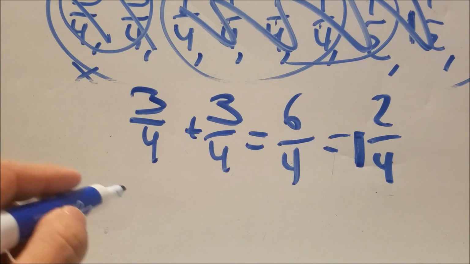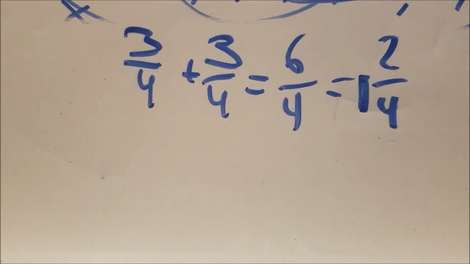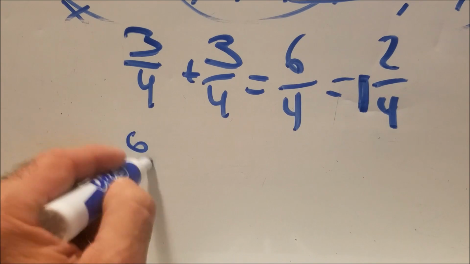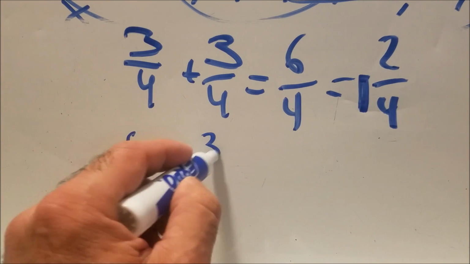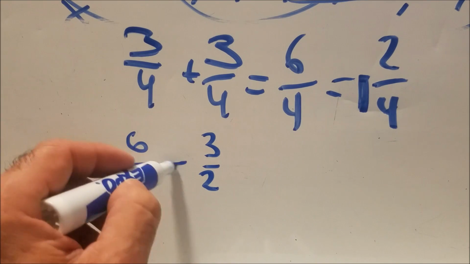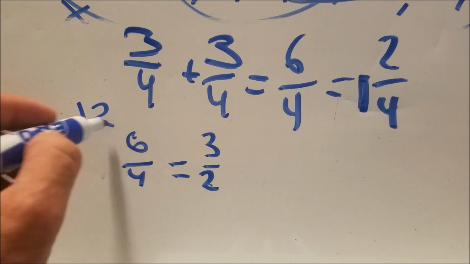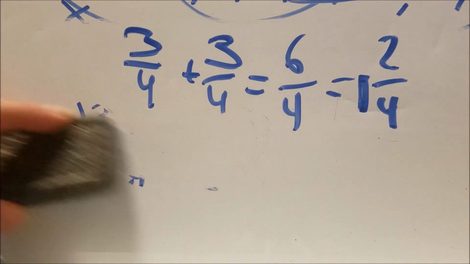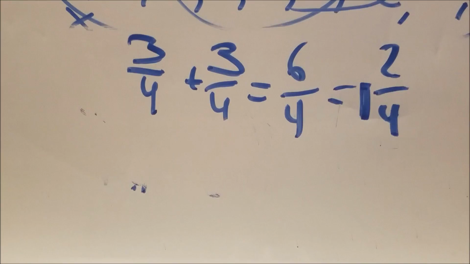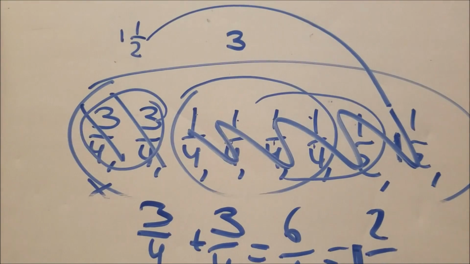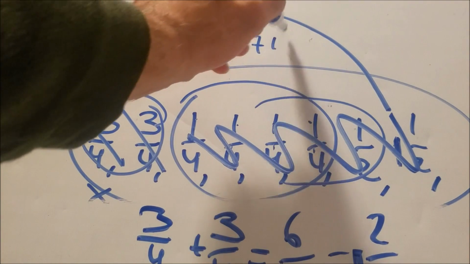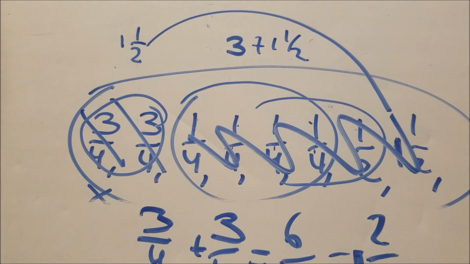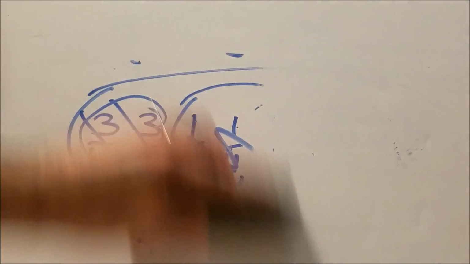And here's something to note about 1 1/2. 6/4 and 3/2 are equal. 2 times 6 is 12. 4 times 3 is 12, right? So we have another 1 1/2. We started, we got 3 plus a half. 1 1/2. So that's 4 1/2. Our sum is 4 1/2. The whole thing we did was 4 1/2.